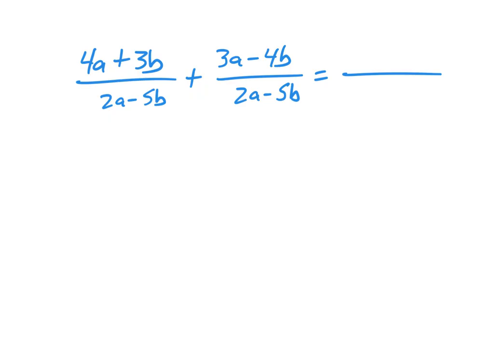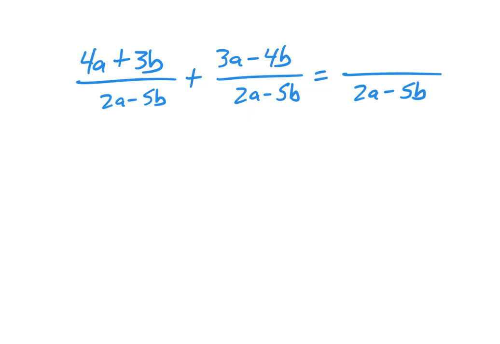So when I start writing my answer here, I'm just going to start by writing 2a minus 5b. Because I know the denominator will stay the same, just like all the other problems that we've done so far today. When I add two fractions together, the denominator will stay the same.